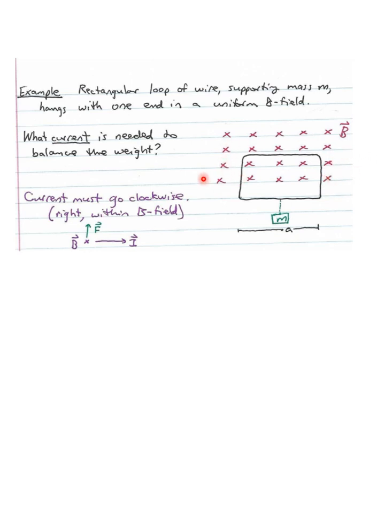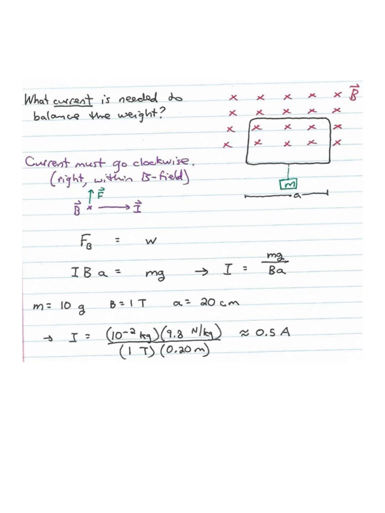So the force on the left and the force on the right are going to balance and cancel each other out. So we have an upward force. But now we want to see how much the current needs to be so that the magnetic force pulling up on it is going to balance the weight, the mass that's hanging off it.